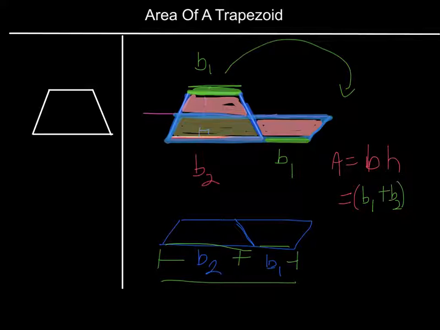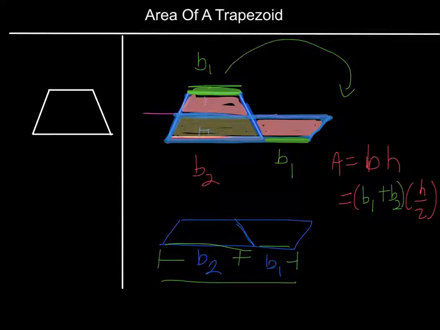The height is going to be half of the height, so h divided by 2. Whatever the original height was, I cut that height in half. And so that's why it's height divided by 2.